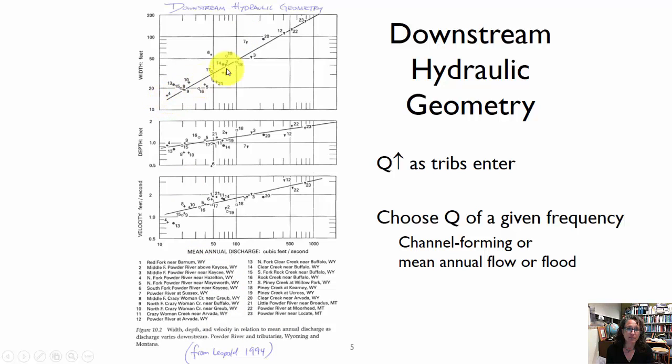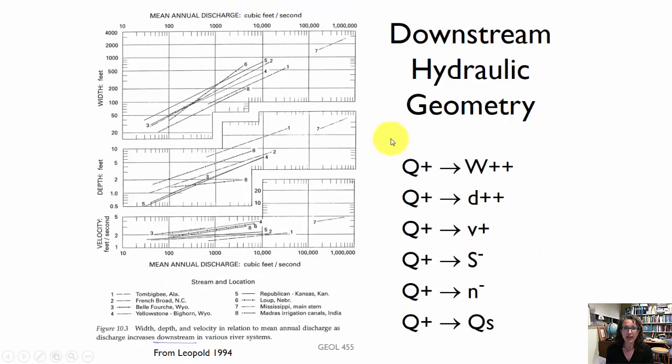And here's our width relationship, our depth relationship, and our velocity relationship. And what we find with downstream hydraulic geometry is there tends to be a pretty consistent relationship between how discharge increases with width as you go downstream, and the exponent value tends to be about 0.5.